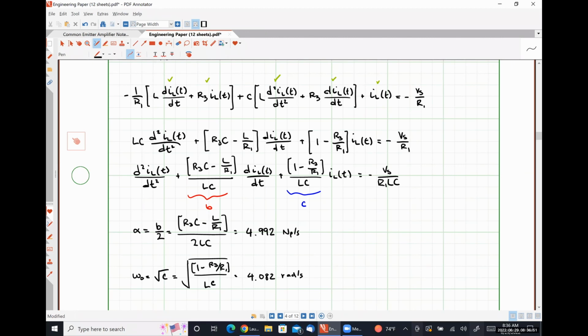Okay. So now our circuit is going to behave in a way that we can understand what's going on. Since alpha is greater than omega naught, this circuit is overdamped.